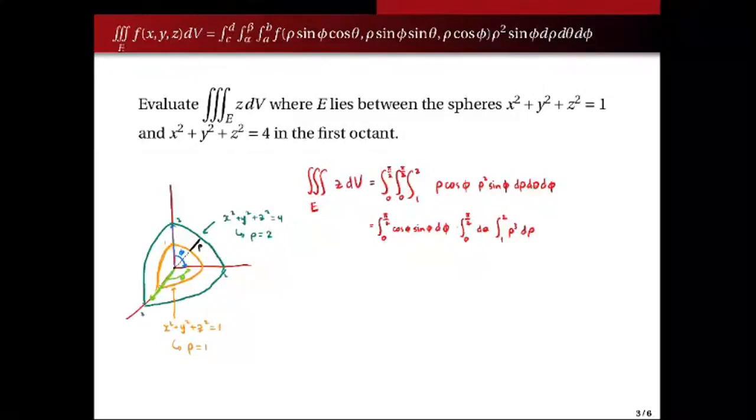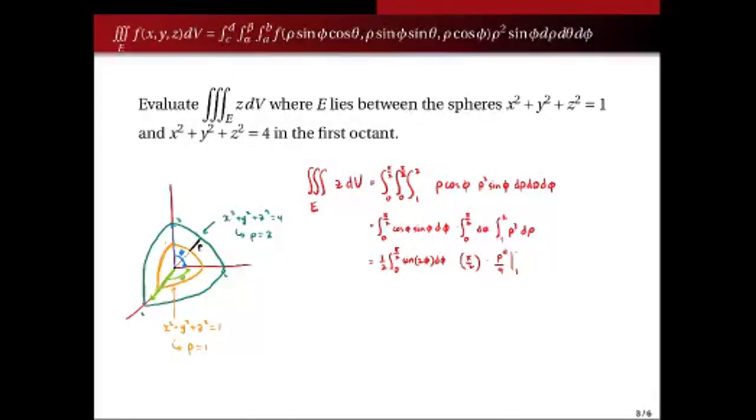Then you can integrate this. For this one, you multiply and divide by 2, and you will have 1/2 integral 0 to pi over 2 of sine 2 phi d phi. That will be easier to integrate. For the theta part, this is just pi over 2 minus 0, so that's just pi over 2. And for the rho part, you have rho to the 4 over 4 evaluated from 1 up to 2.